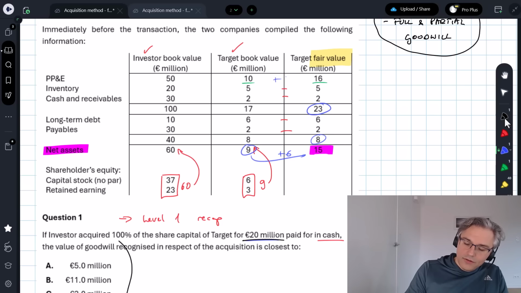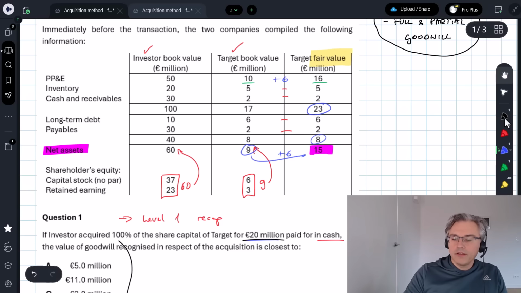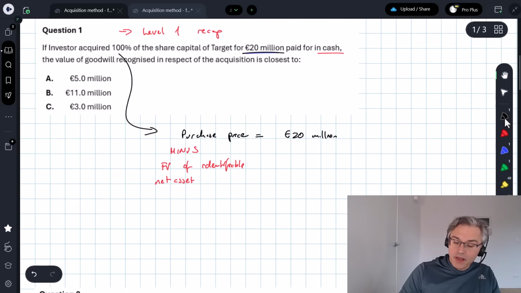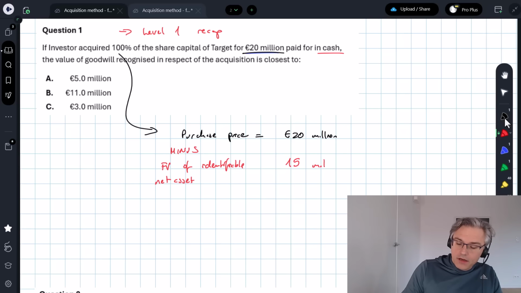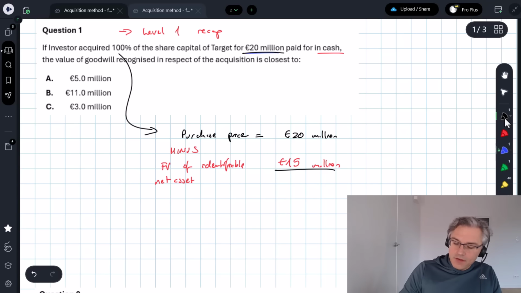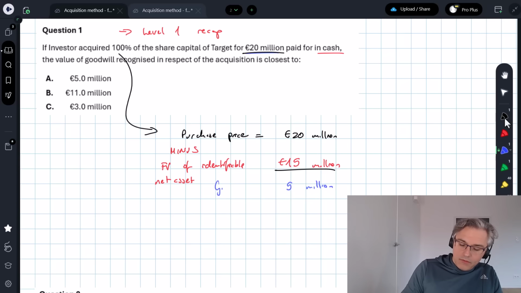And that's due to that first asset, the property, plant and equipment, being worth more in reality, the fair value being higher than what's in the books. Now, let me therefore deduct 15 over here. And we get a difference, 5 million. And that's what we call goodwill.